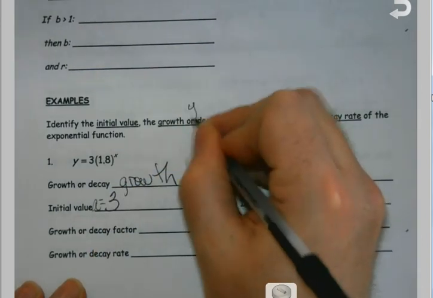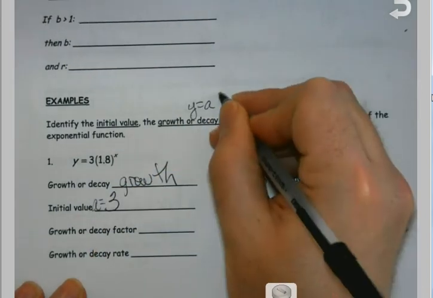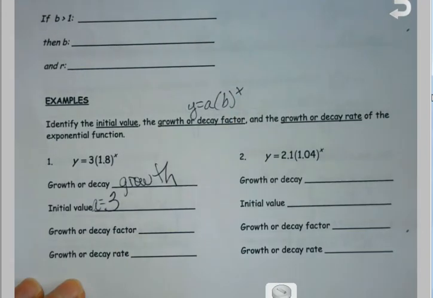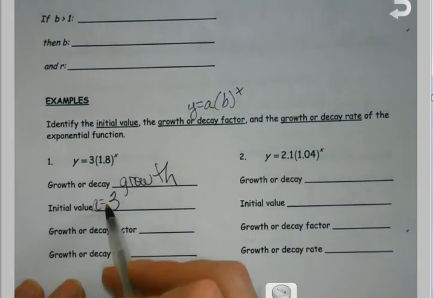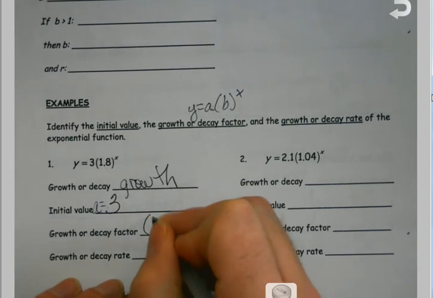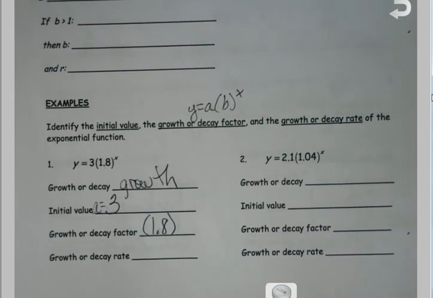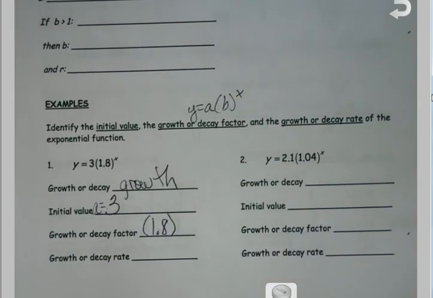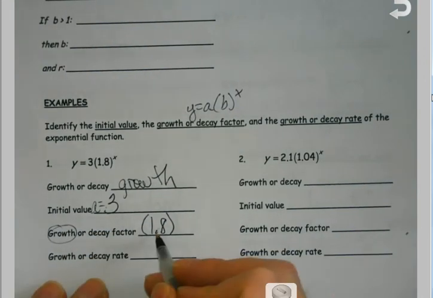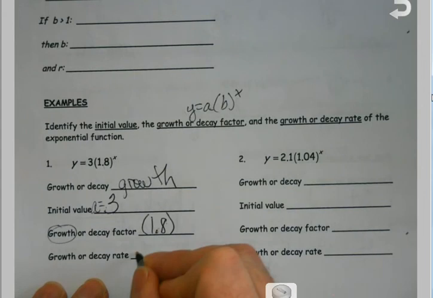And whenever we're doing these, whatever that value is in the very front is going to be my initial value. Now, here's the part that gets crazy. Growth or decay factor. The factor is whatever's in the parentheses. Okay, so in this case, it'd be a growth factor. But my growth rate is just whatever's after the 1.